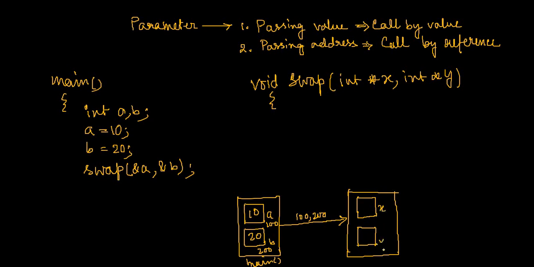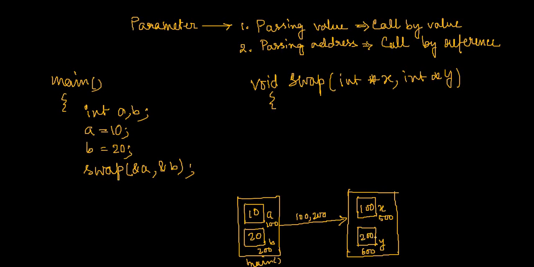One is X and one is Y, and suppose their addresses are say 500 and 600 for the time being. Now what is the content of X and Y? The content of X and Y is not 10 and 20 right now. Rather, the content of X will be 100 and the content of Y will be 200.